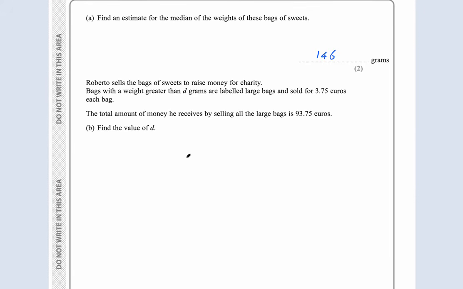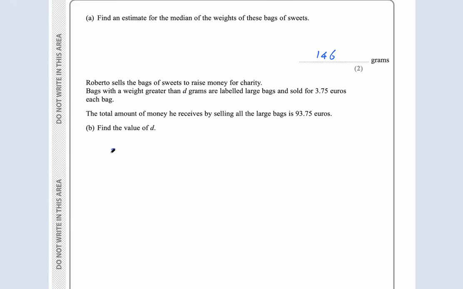Next question. Roberto sells the bags of sweets to raise money for charity. Bags with a weight greater than d grams are labeled large bags and sold for this much each bag. The total amount of money he received by selling all the large bags is 93.75. Find the value of D. Right. Confusing, a complicated question, for sure. Let's find out how many bags he sold.